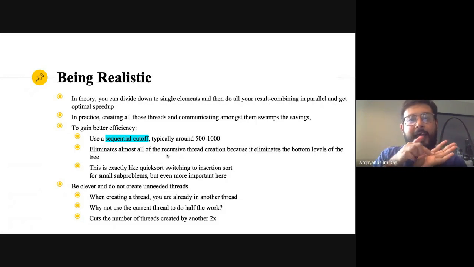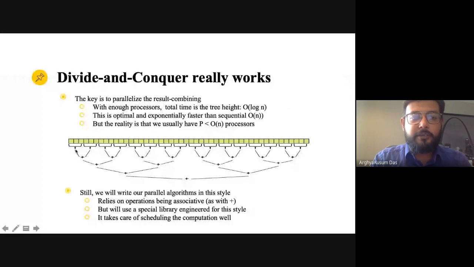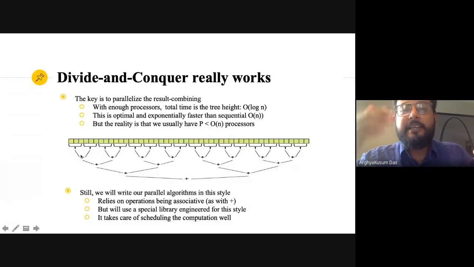Let's say in divide and conquer, this is one thread, and you are creating two different threads over here. Now let's say this process is done. Do not just stop the thread and then create another thread. Try to make use of this thread once again.